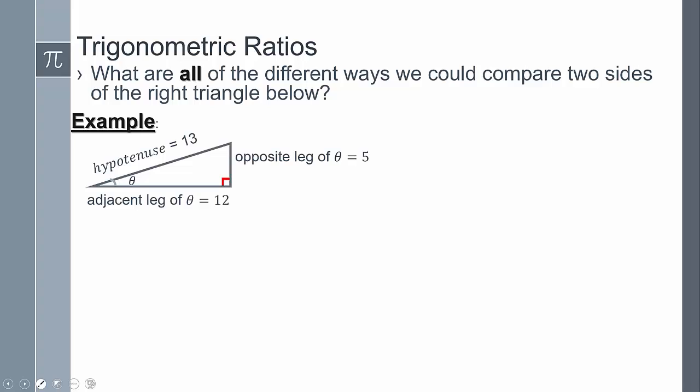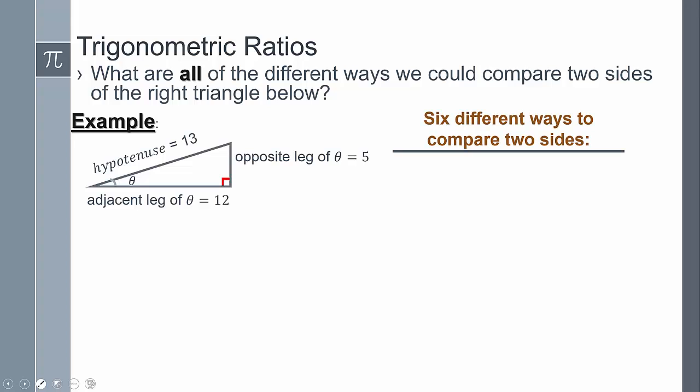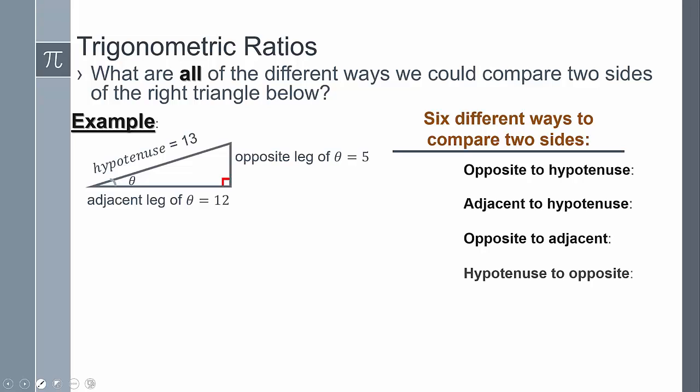What if I gave those sides actual values? 5 is the opposite, 12 is the adjacent, 13 is the hypotenuse. So here are the actual 6 different comparisons. I could do opposite to hypotenuse, or adjacent to hypotenuse, or opposite to adjacent. And then if you notice, these 3 are basically the same thing, but they're just reciprocals of the first 3, meaning that we're just doing them backwards.